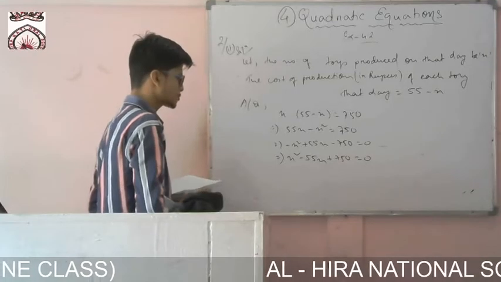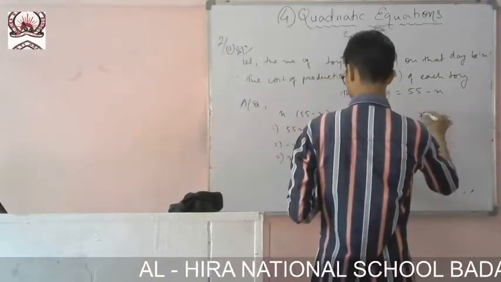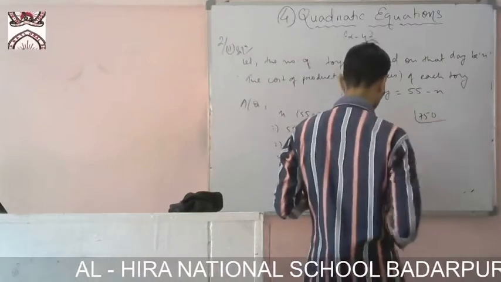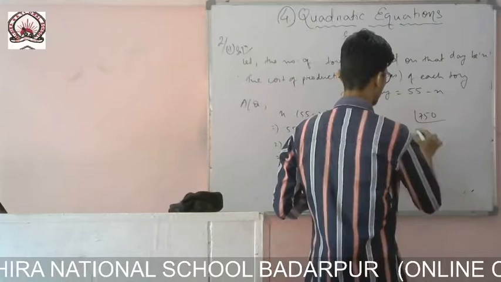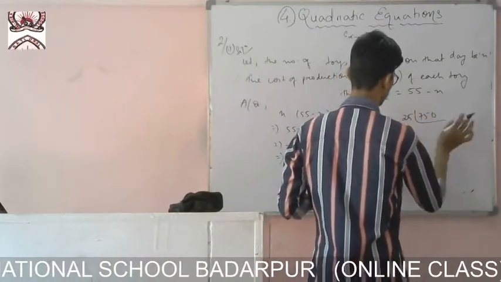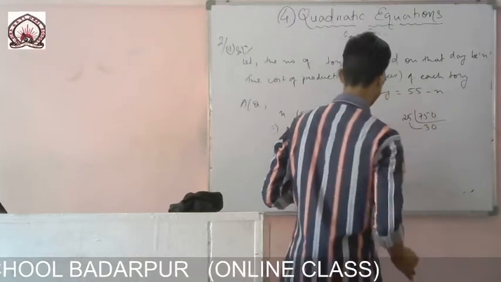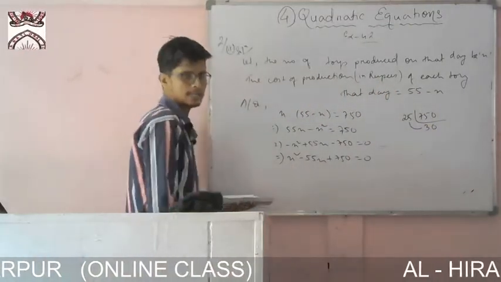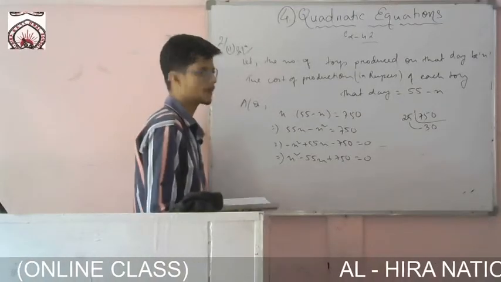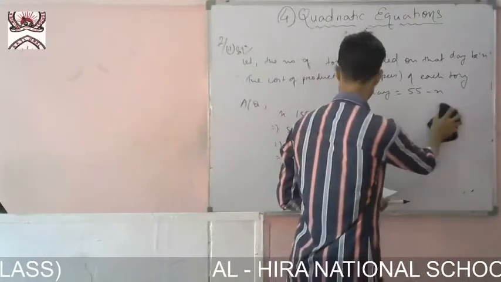Now I have to solve this one. 750 into 1 is 750. I am directly finding two numbers: 25 threes are 75, so 30, and 25 plus 30 is 55.